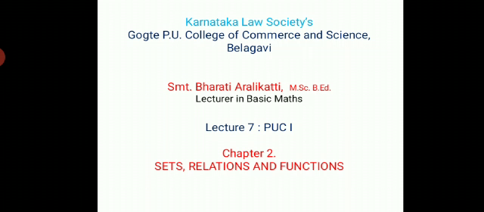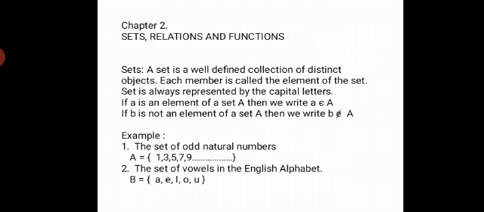Dear students, you are already familiar with sets, that is a set is a well-defined collection of distinct objects. The definition here comes: a set is called a collection of different objects of the same kind.